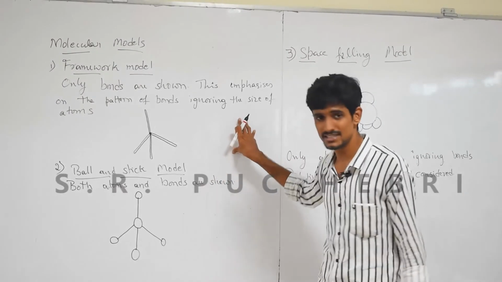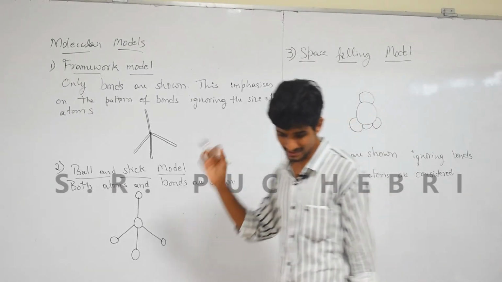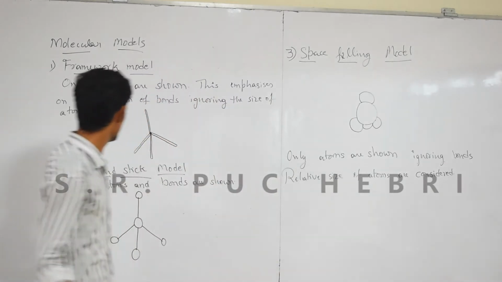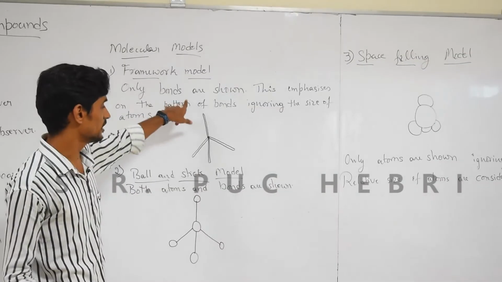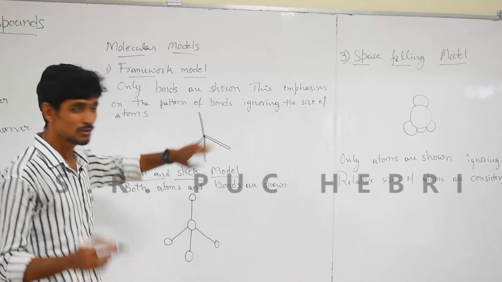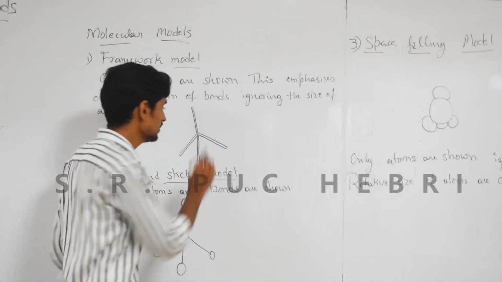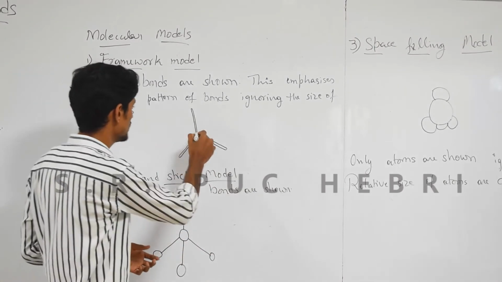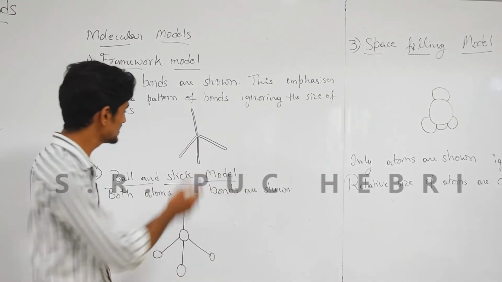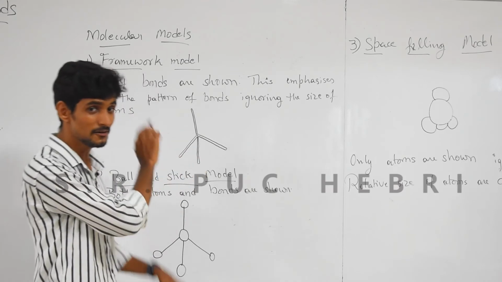In the physical form, you can have models like the framework model. In the framework model, only bonds are shown, not atoms. As you can see, there are no atoms, but this is the structure of methane in framework.